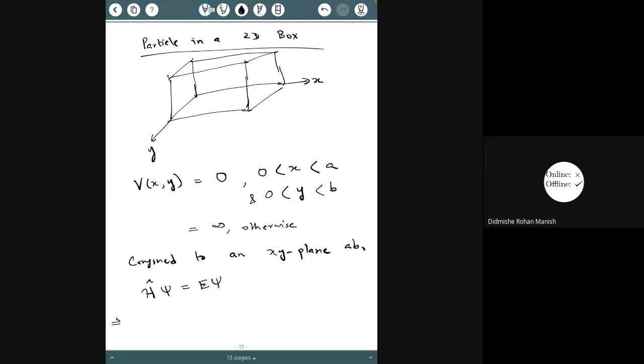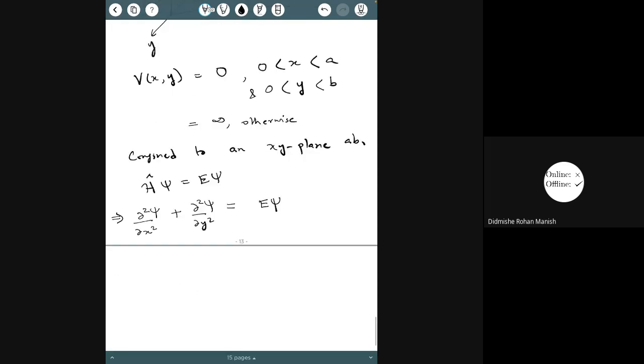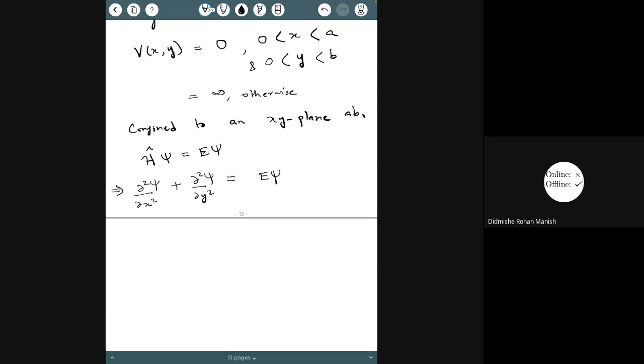This is basically minus h cross squared by 2m times (del squared psi by del x squared plus del squared psi by del y squared) equal to E psi, which means del squared psi by del x squared plus del squared psi by del y squared is equal to minus 2mE by h cross squared psi.